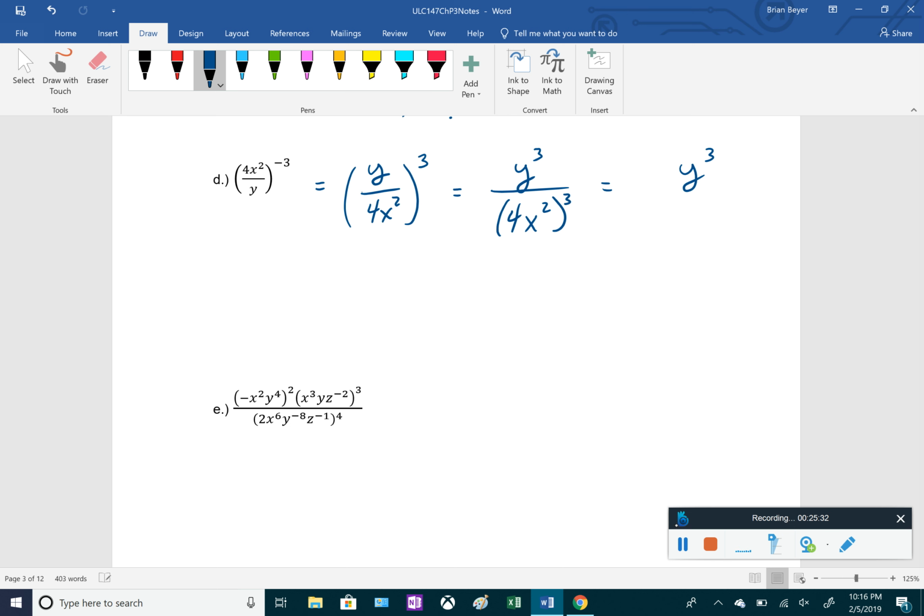In the denominator, we have to give both of those factors the exponent, so that's 4 cubed times x squared to the third. Power to a power, we multiply and get 6. So simplifying this, that's going to be y cubed over 4 cubed, which is 64. So that's our final answer.